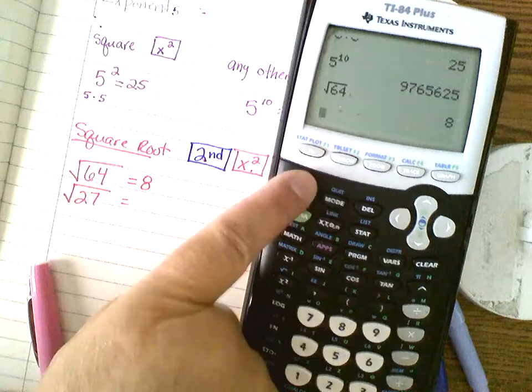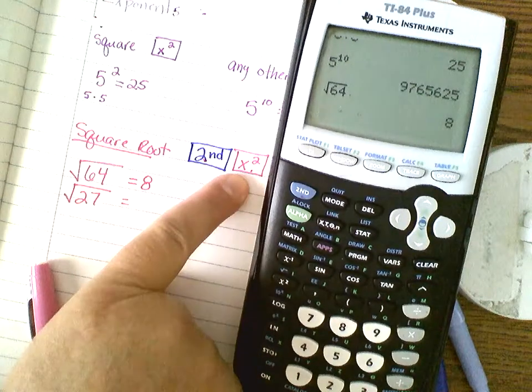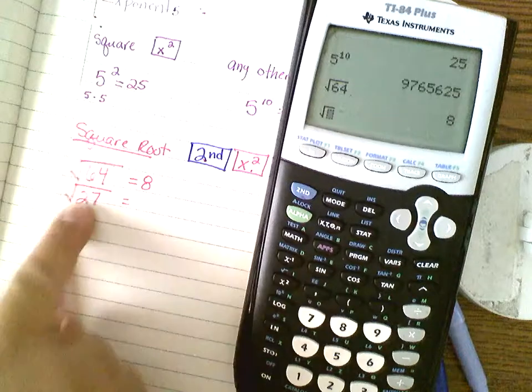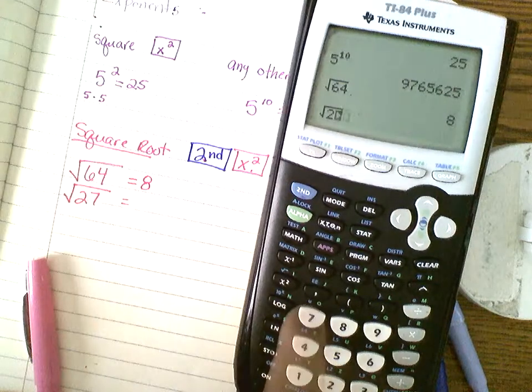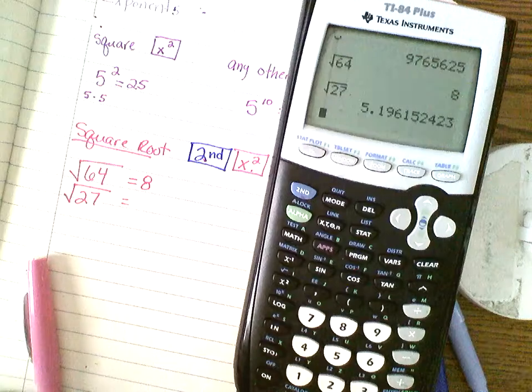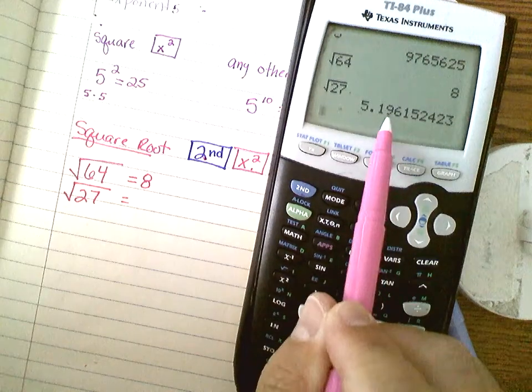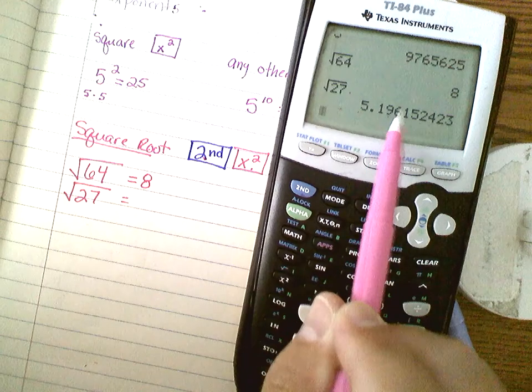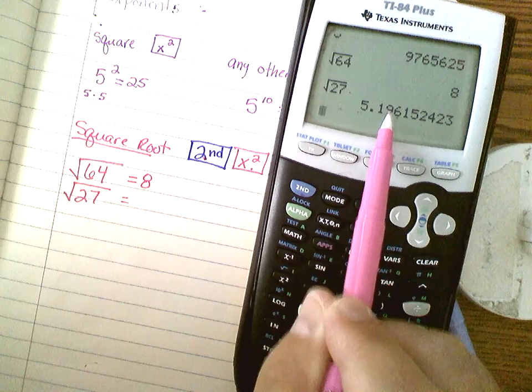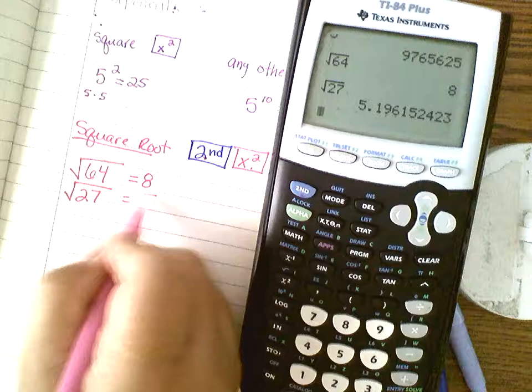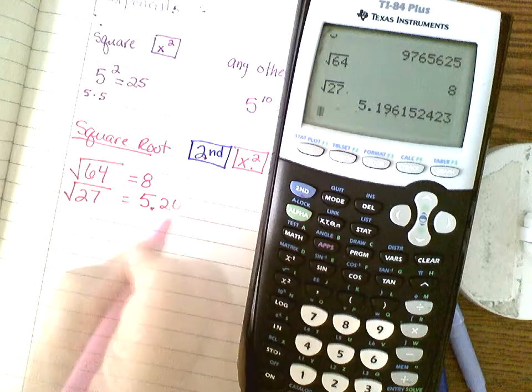So the blue second button, the x squared button, and then I'm going to type 27. 27 is not a perfect square, so I'm going to round to the hundredths. That 6 is going to make the 9 go up to 10, so that's going to be 5.20.